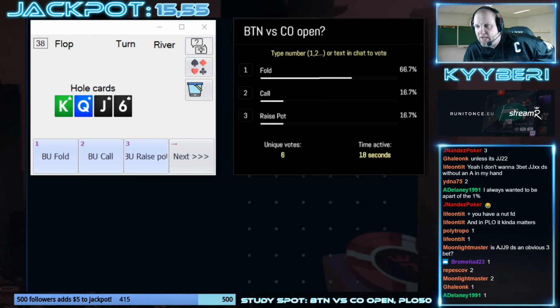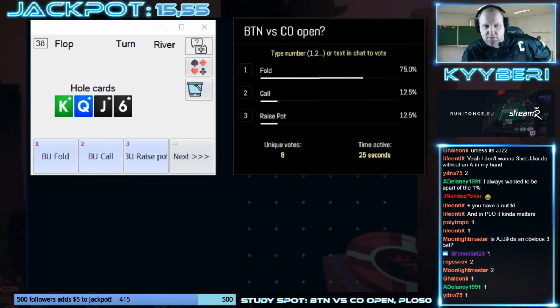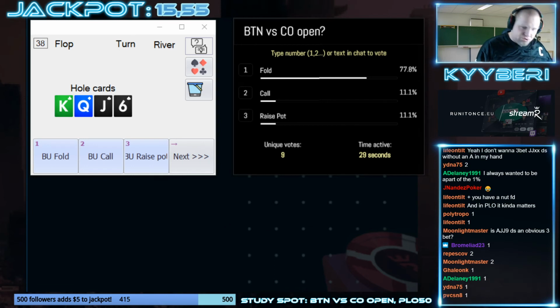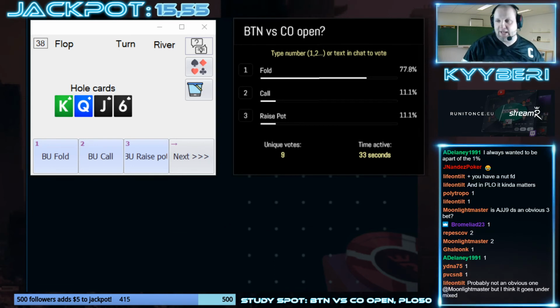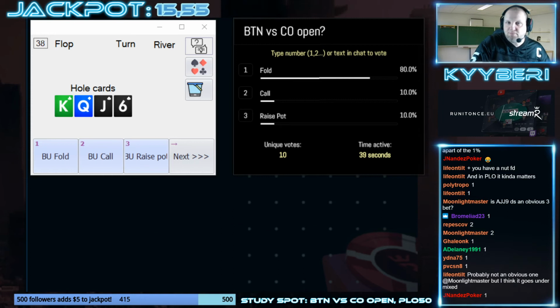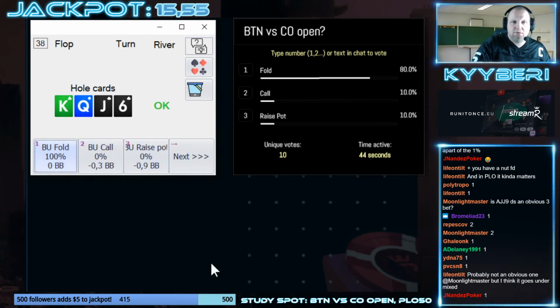Ace jack jack 9 is a 3-bet, I would assume. But to make things certain, I say it's a mixed strategy. The answer to everything is a mixed strategy. Yeah, suited to jack, this has to be a fold, which it is.